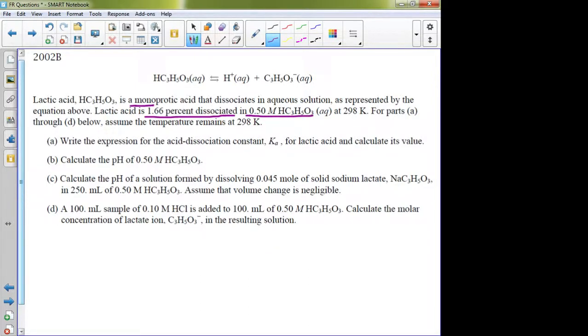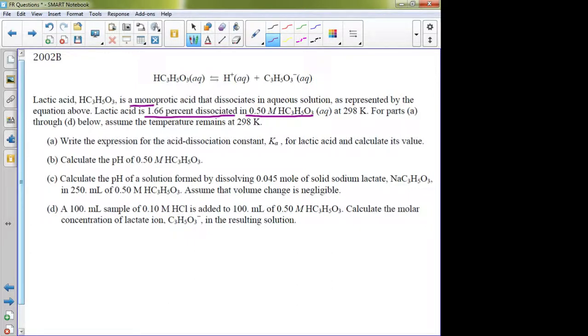For parts A through D below, assume the temperature remains at 298 Kelvin. So that just lets us know that temperature does not affect this at all. Okay, so probably they're going to make us find Ka, and they just want us to know that Ka will not change. It will stay the same through the whole problem.